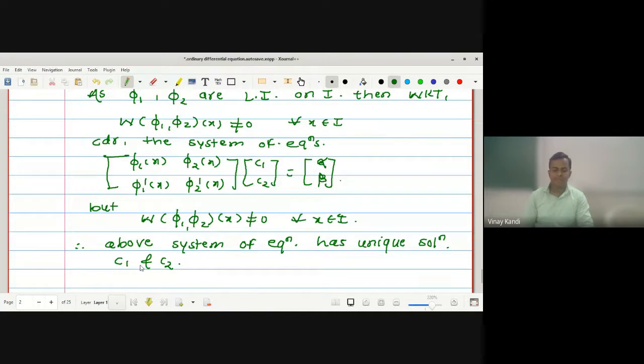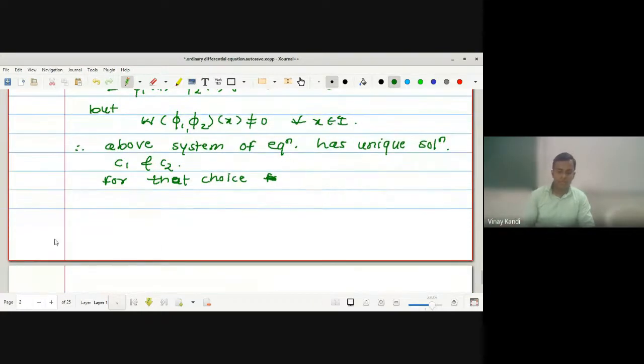No, sir. For that choice of C1 and C2, for that choice we have taken the function, consider the function psi of x is equal to c1 phi1 of x plus c2 phi2 of x.